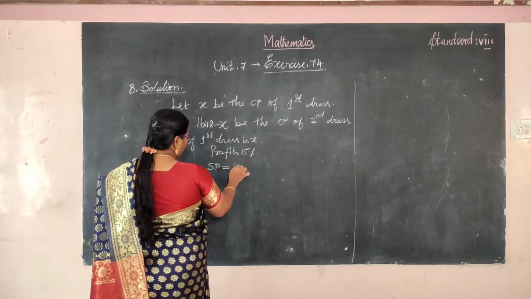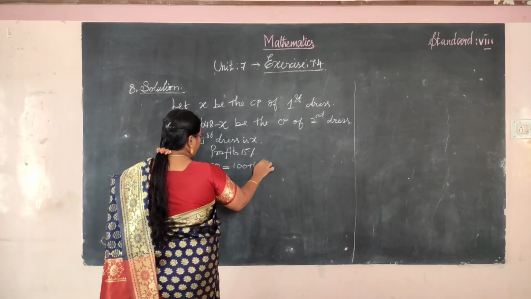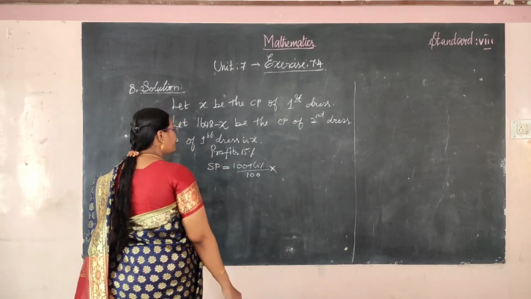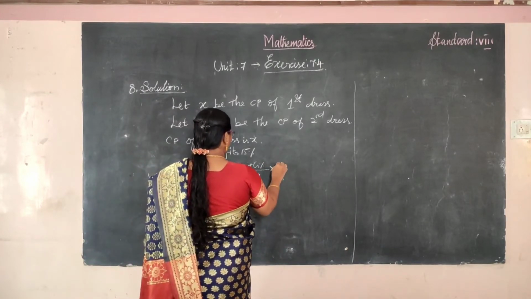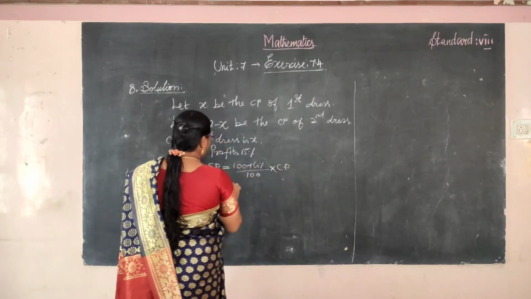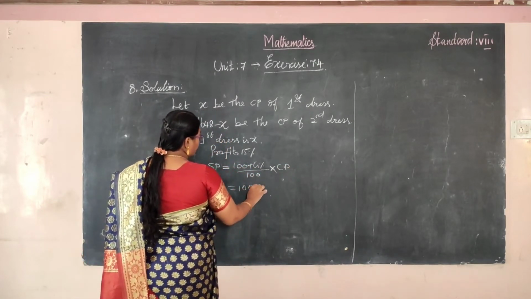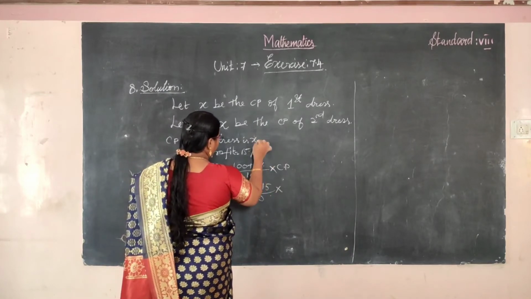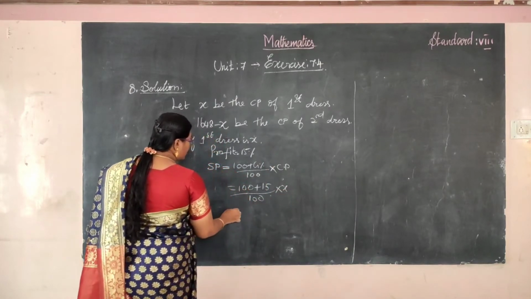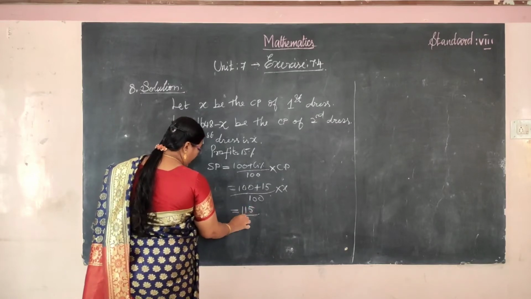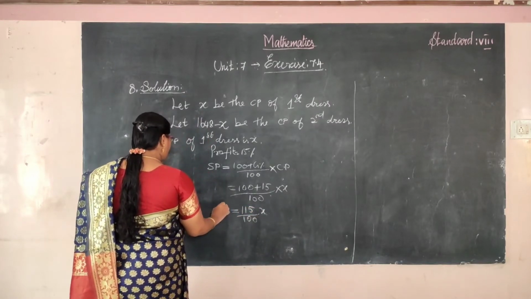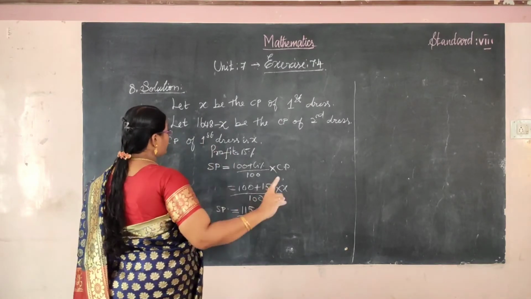So selling price is equal to (100 plus gain percentage) by 100 into cost price. So (100 plus 15) by 100 into CP, CP is x. So 115 by 100 x. This is the selling price for the first dress.